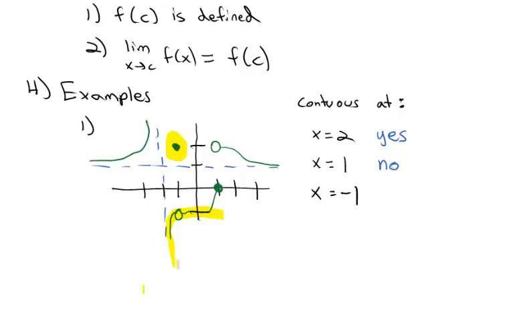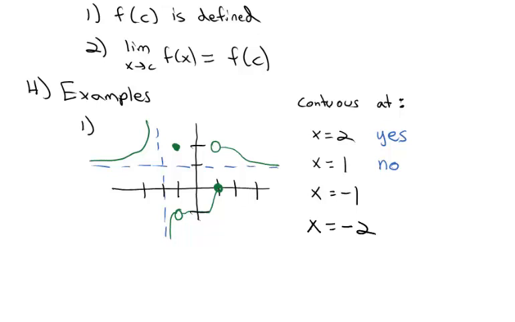Because those don't line up, we say then that no, it is not continuous. It is discontinuous. It's called a removable discontinuity because the point has been removed from the line and it does not work.